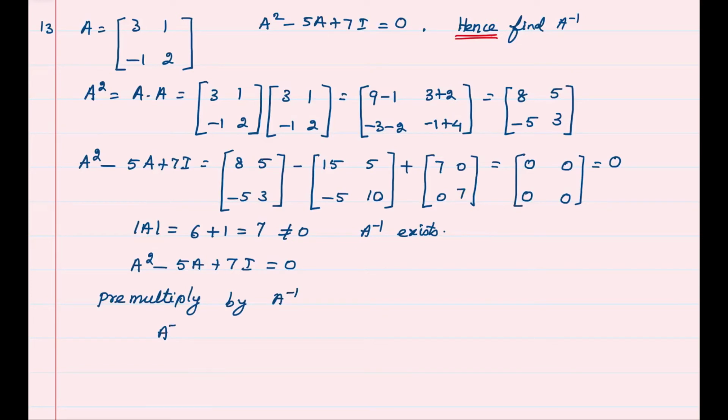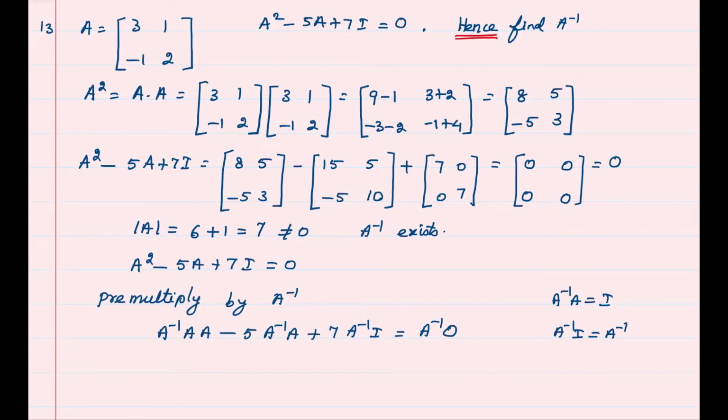We get A inverse into A square, which is A into A, minus 5 times A inverse A plus 7 times A inverse I is equal to A inverse into 0 matrix. We know that A inverse into A is I, and A inverse into I is A inverse.